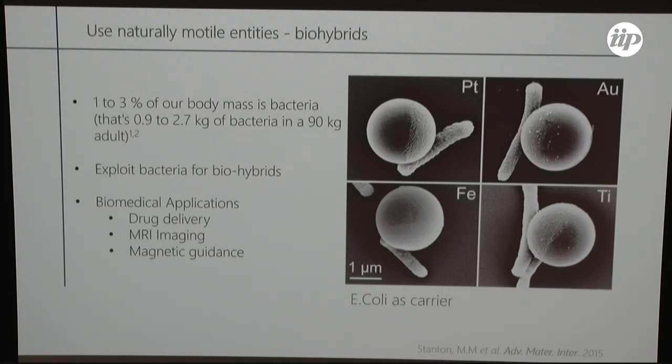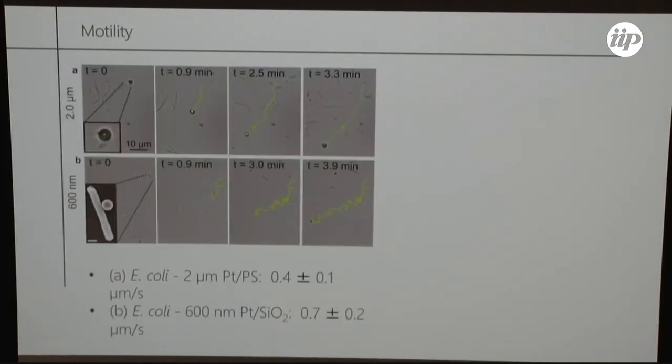And so we tried different materials. They really very reliably stick to the metal part of them. And we could even show that the bacteria, even though you see that the bacteria is much smaller than the particle it's going to move, they can still really drag them.